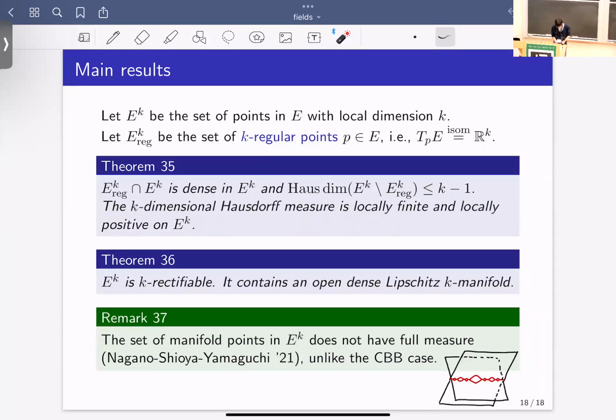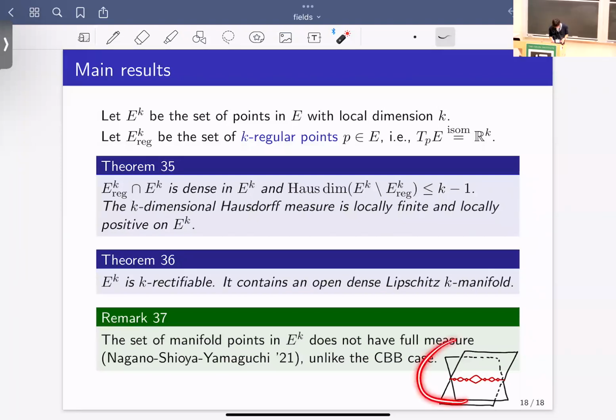And also E_k contains an open dense Lipschitz k-manifold. Okay. So you might expect that the set of k-manifold points in E_k has full measure, but this is not the case. A counterexample was constructed by Nagano, Shioya, and Yamaguchi in dimension 2.